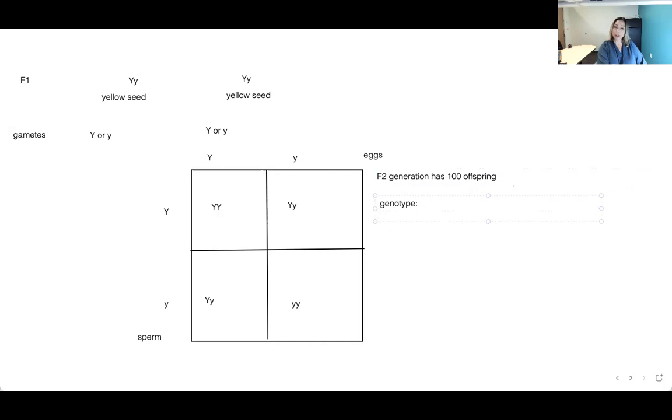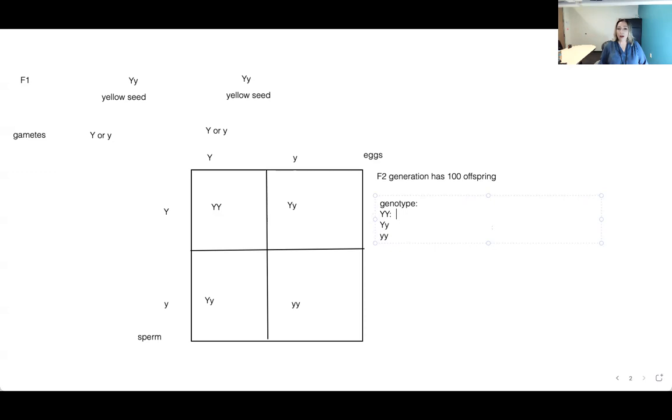So look in the Punnett square right inside at the different types of offspring you can get. And you should see that there are 3 different genotypes: big Y, big Y, big Y, little y, little y, little y. So now we have to determine the probability of getting a certain type of genotype in the offspring. Now we express this as a percentage or a ratio.